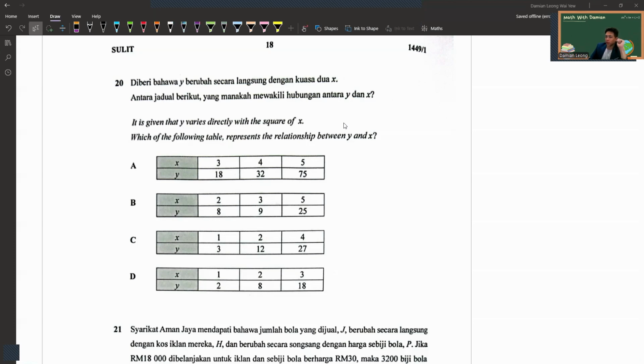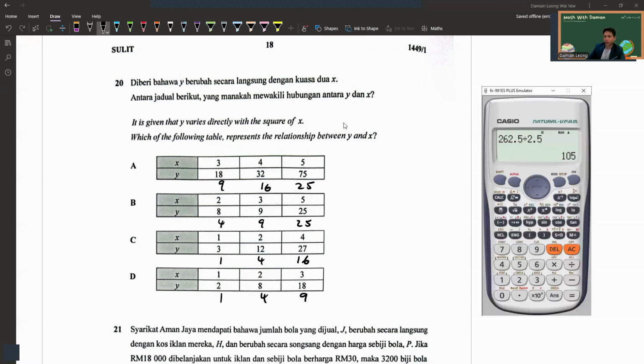So if I consider x squared for these: 9, 16, 25, so 4, 9, 25, 1, 4, 16, 1, 4, 9. If we take the y over x squared value, 18 over 9, 2. 32 over 16 is 2.